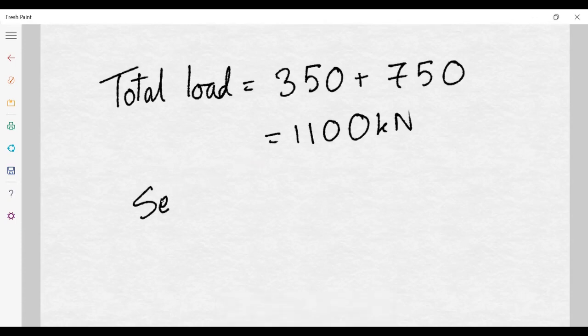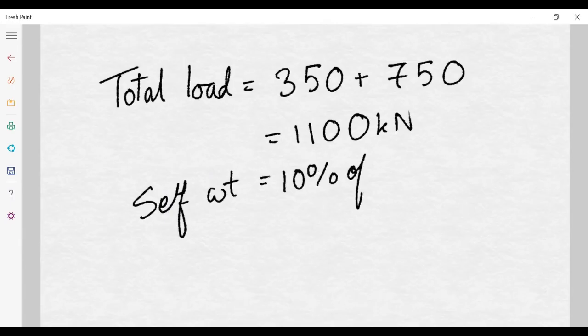We don't assume or calculate the self weight accurately. We just take it as 10% of the total load.